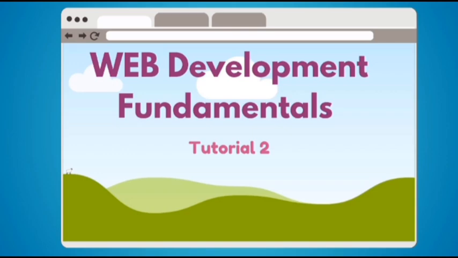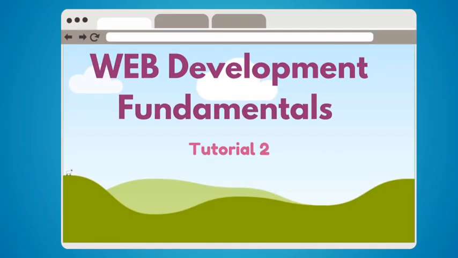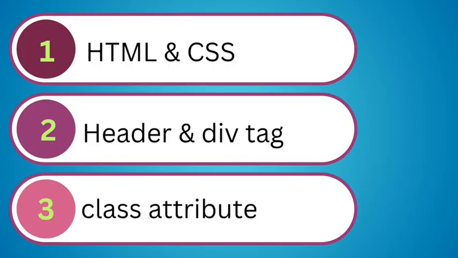So this is a continuation of the previous video about web development fundamentals. We've covered the installation of Visual Studio Code, and we've also discussed the basic HTML structure, including elements and tags. In this video, there are three main things which I will cover.